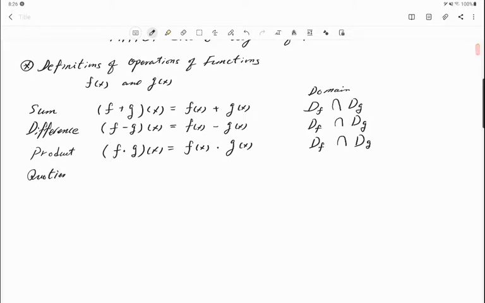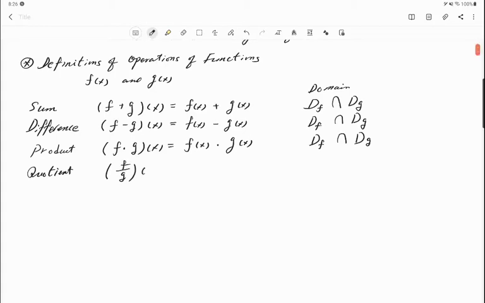The last one is the quotient. The quotient is a division. So, parentheses, f over g of x. This means we are dividing the function f of x by g of x. Since this is a fraction, the domain is always the intersection, but here's another condition.